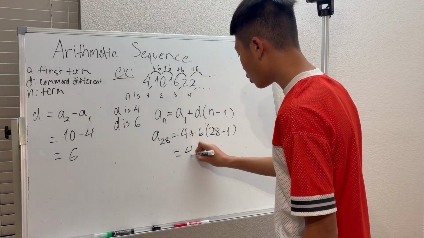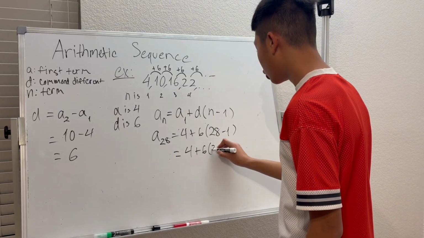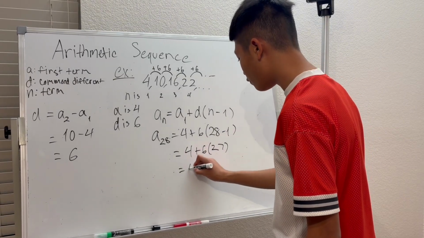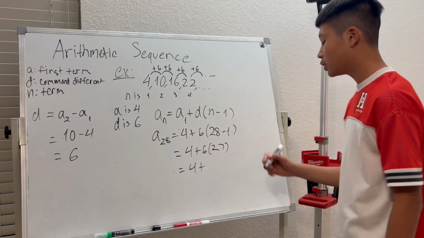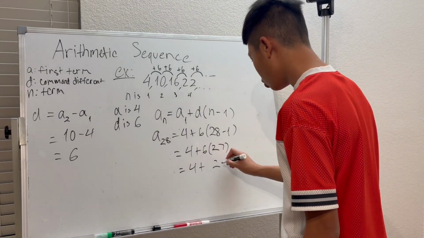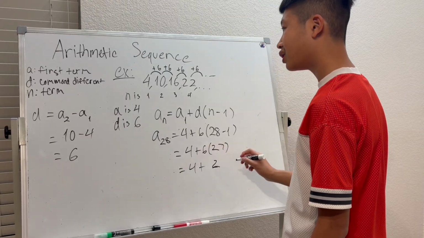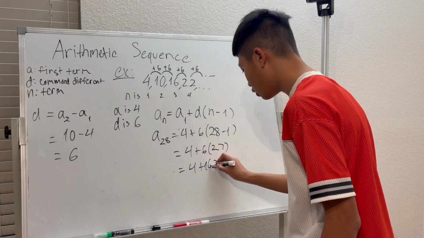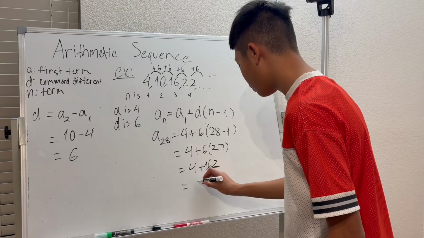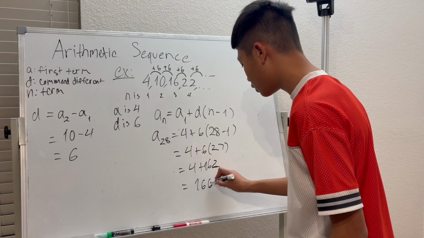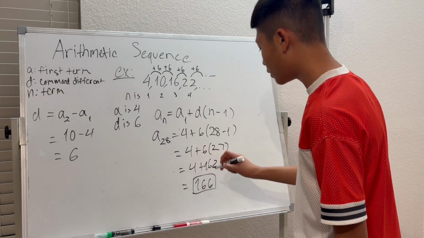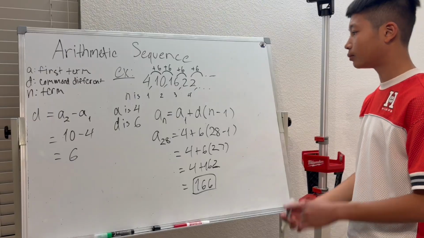This is equal to 4 plus 6 times 27, which is 4 plus 162, so you get 166. So the 28th term is 166.